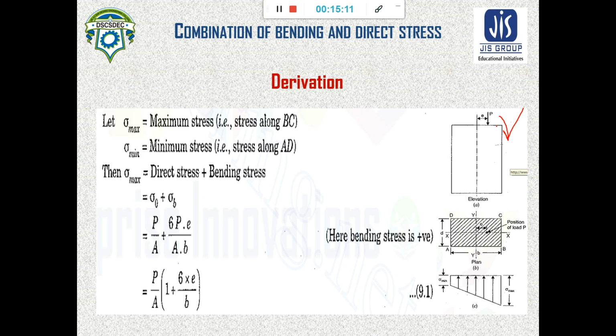Putting in the values, that is P by A plus 6PE by A into B. Taking P by A common, we get sigma max is equal to P by A whole bracket 1 plus 6E by B. This is our sigma max value.